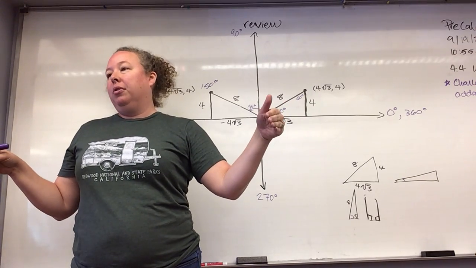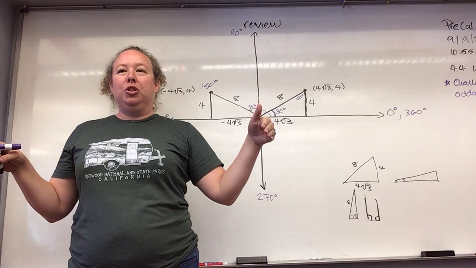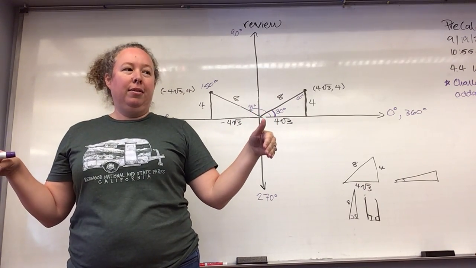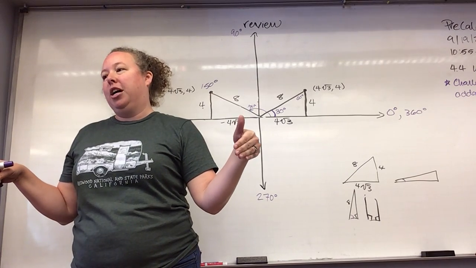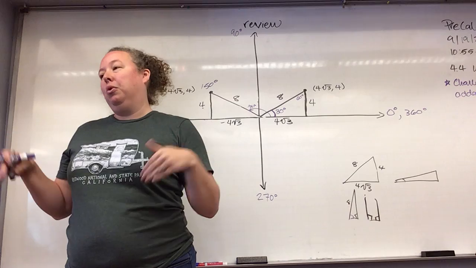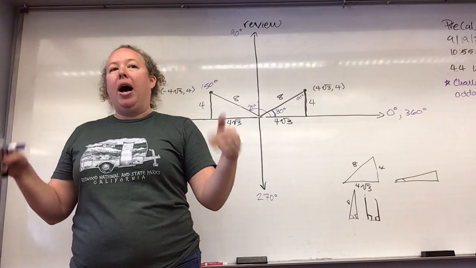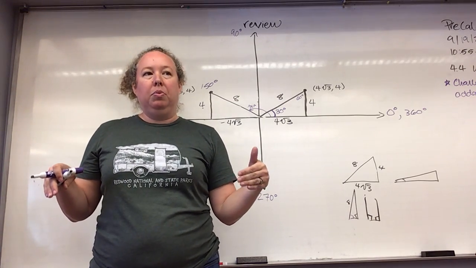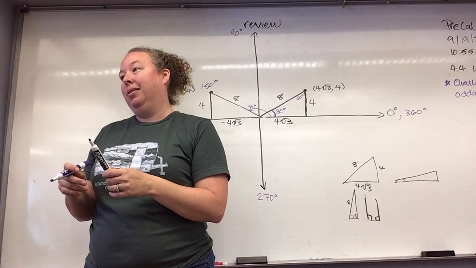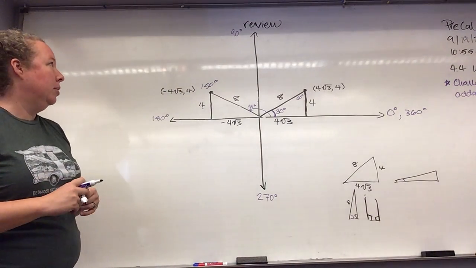If you do not need the review notes, you can be working on 4.4. If your 4.4 is done, then you can be working on the 4.4 challenge problems. Once the notes are complete, you'll have the opportunity to work with your classmates. But while we're doing these review notes, because we covered a lot of territory on Thursday, everybody needs to be focusing on their own work. Okay.